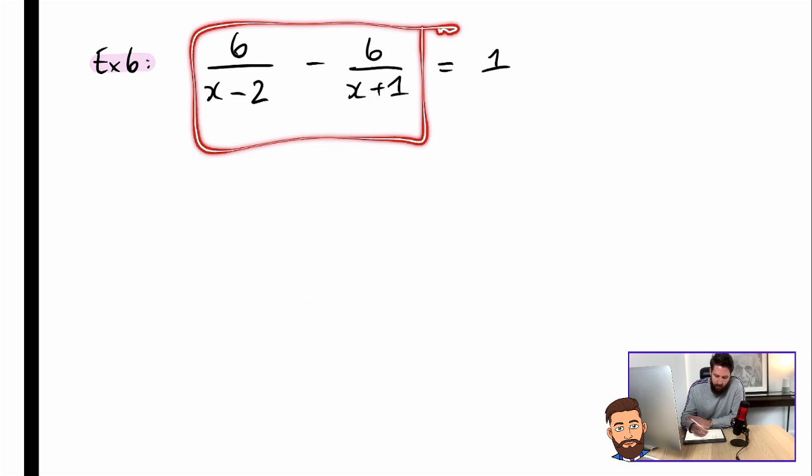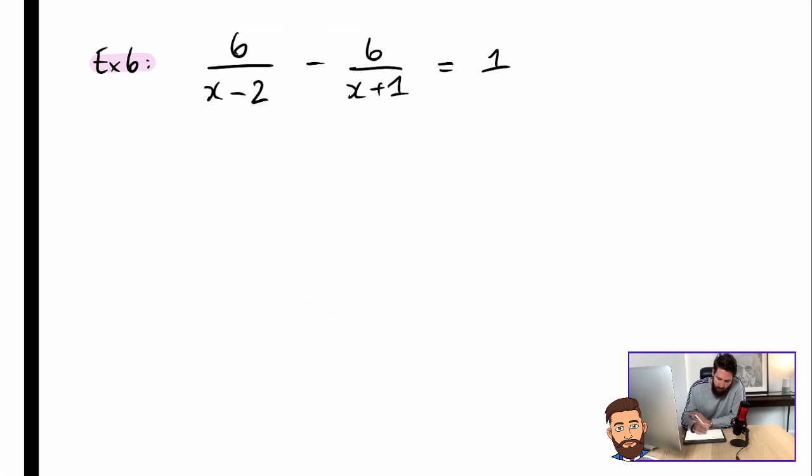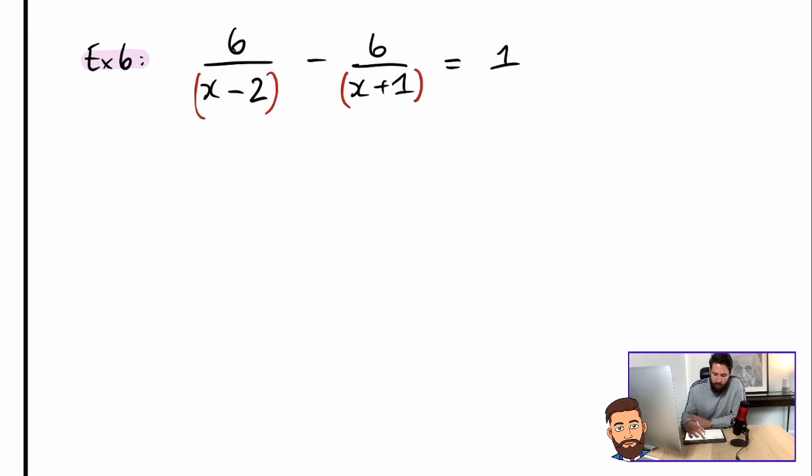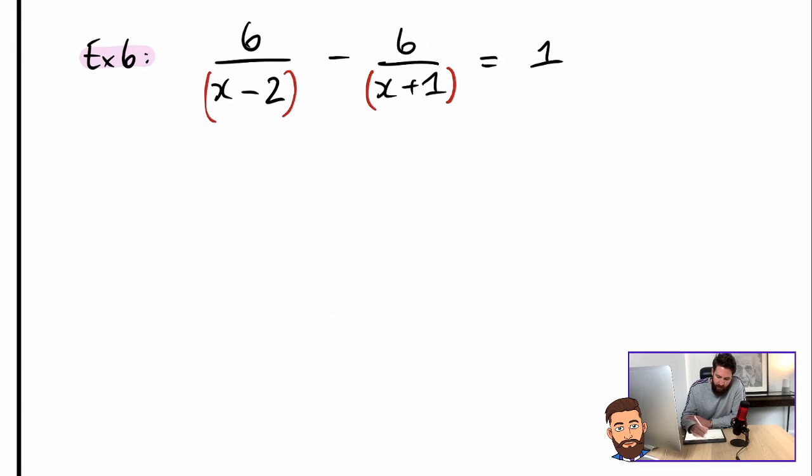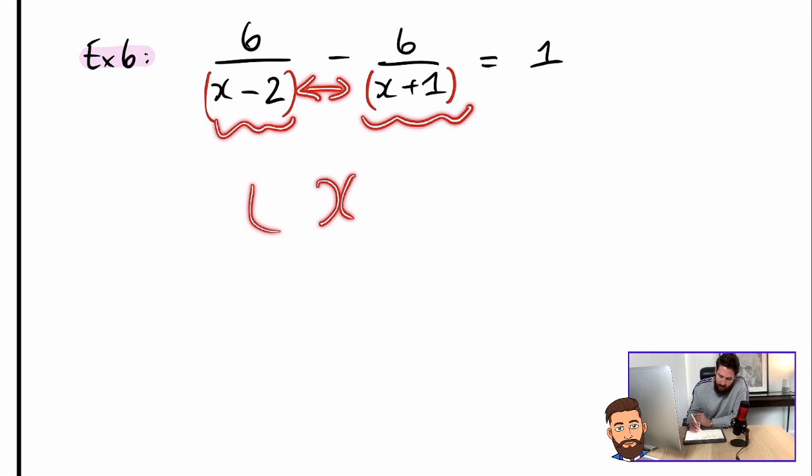Well, the first thing we should do, I'm just going to put a bracket around these. How would I make a common denominator here? Well, we discussed that you can cross multiply, because the only way we can get a common denominator with these two terms is to just times them together and have them as double brackets.